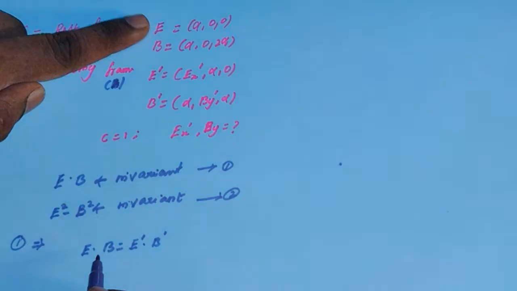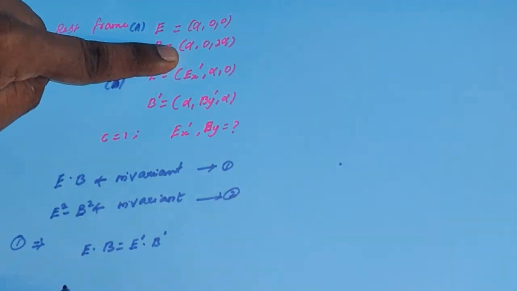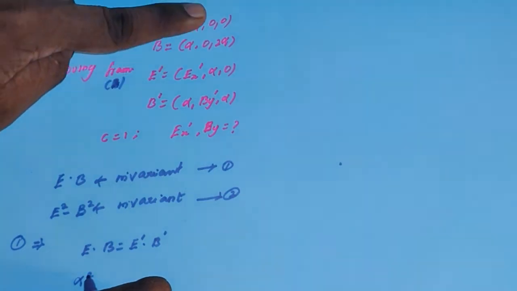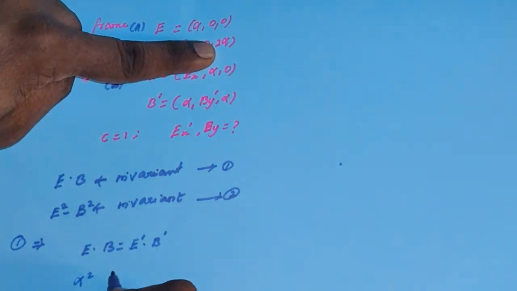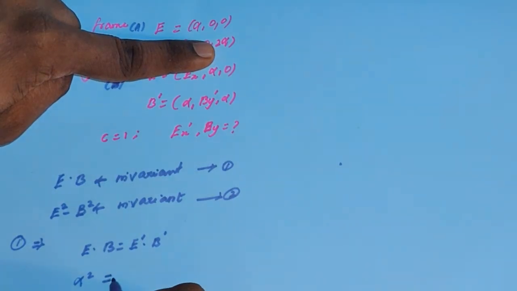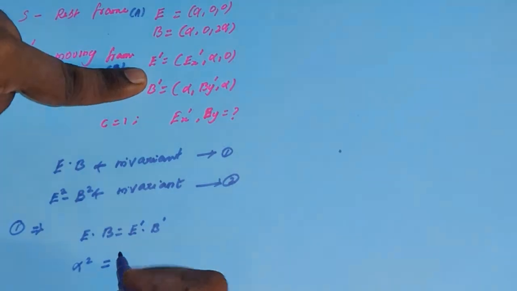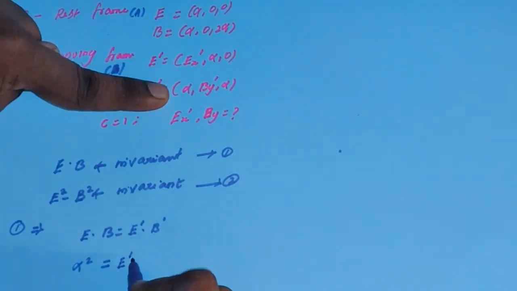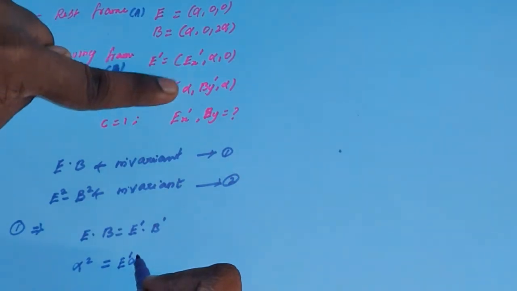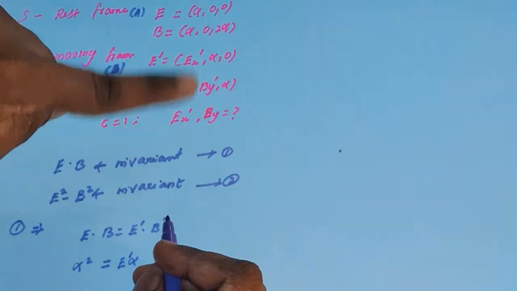Hence E dot B in the first case is alpha dot alpha, alpha square, 0 dot 0 is 0, 0 dot 2 alpha is 0 again. So alpha square would be equal to E prime dot B prime, that means x dot x plus y dot y plus z dot z. The other dot products go to 0.